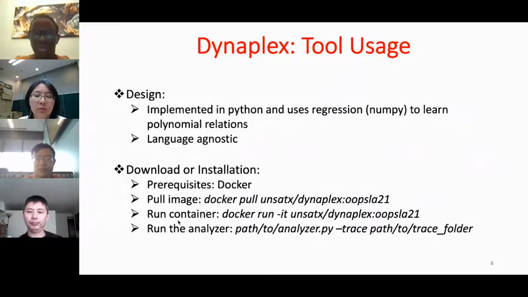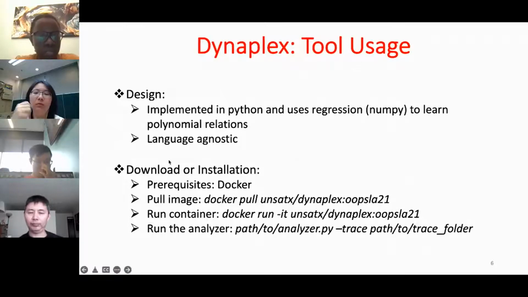I would like to also show how to use Dynaplex. Dynaplex is implemented in Python, and as I said, we use regression to learn some polynomial relations. Dynaplex works on execution traces, so it's language agnostic. You can analyze any program as long as you instrument it to collect the required traces.